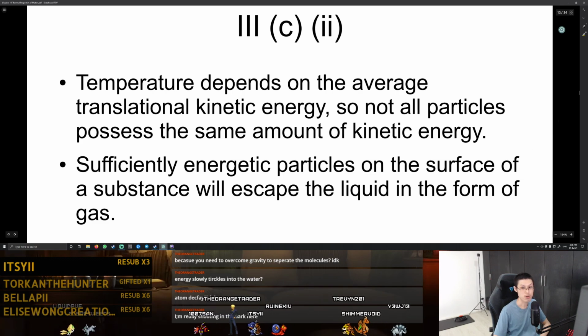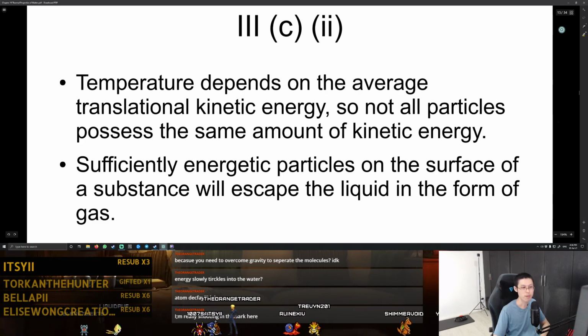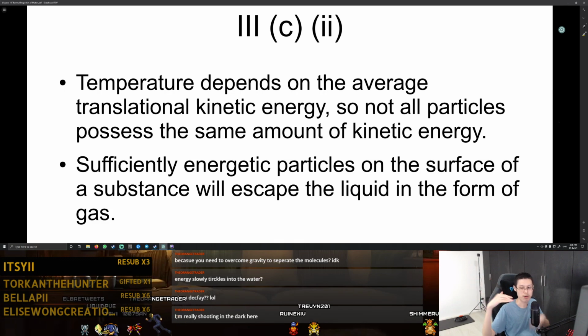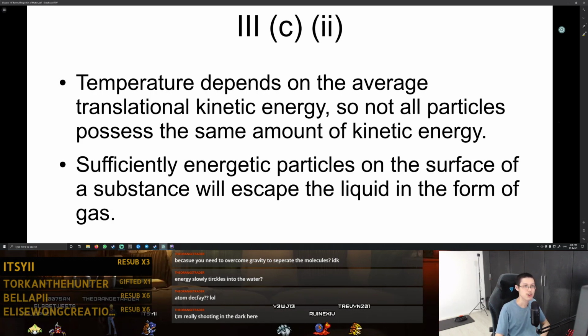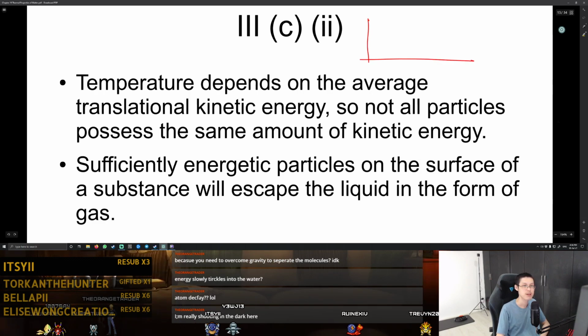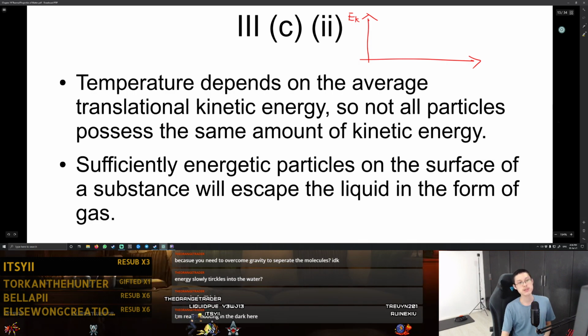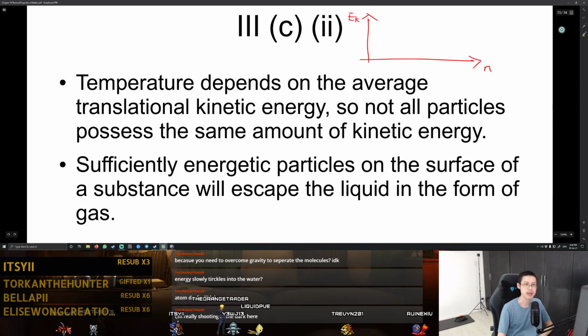Okay, so what happens when the most energetic particles escape from a liquid? How should I explain this? So imagine a normal distribution. Let's say this is the kinetic energy of the gas particles, and this is the number of gas particles.